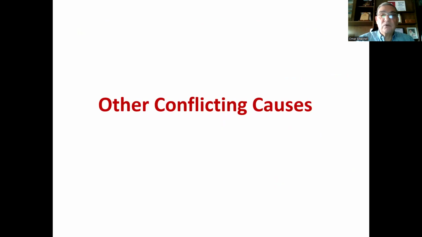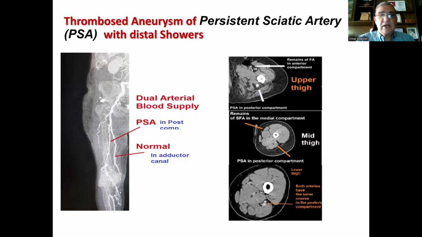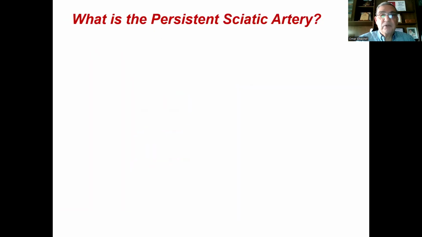Other causes may conflict with the diagnosis of atherosclerotic peripheral arterial disease, as here, suspected aneurysm of persistent sciatic artery with distal emboli. Complete description of this disease will be found in our textbook, Basics of Vascular and Endovascular Surgery. So what is persistent sciatic artery?